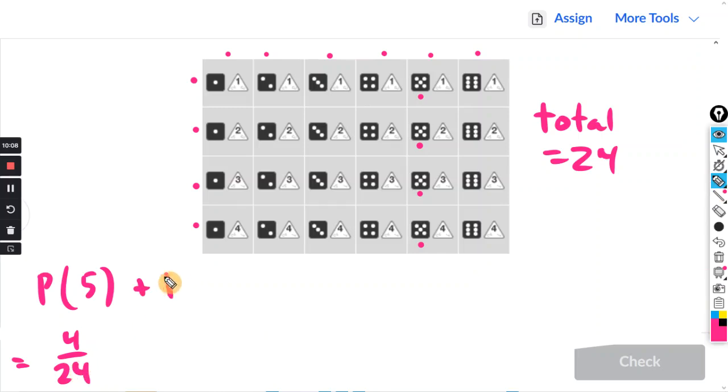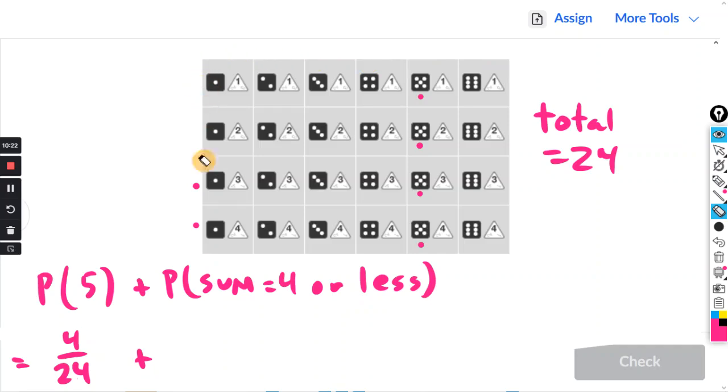Plus the probability that the sum equals 4 or less. Which ones have a sum of 4 or less? Let's find the ones that have a sum of 4 first. All right, sum equals 4. 3 plus 1 is good. 2 plus 2 is good. 3 plus 1 is good.